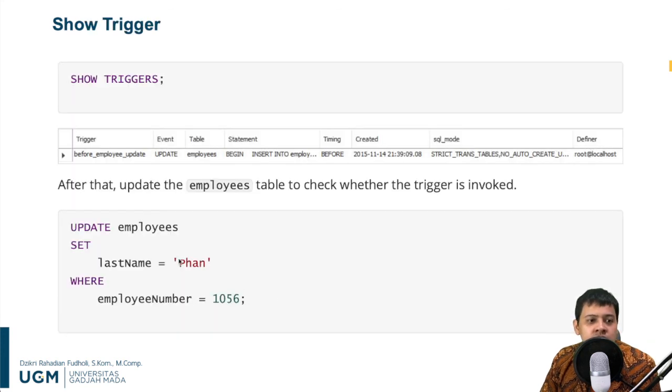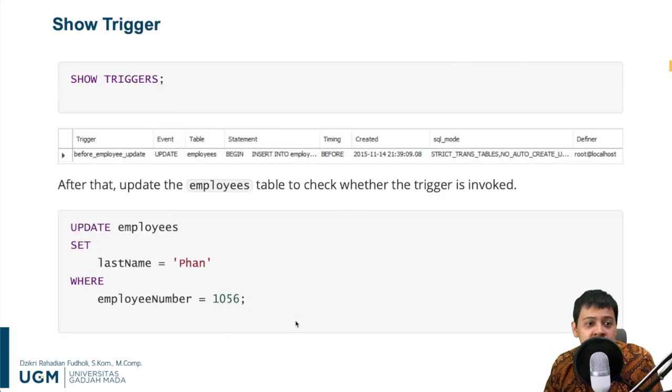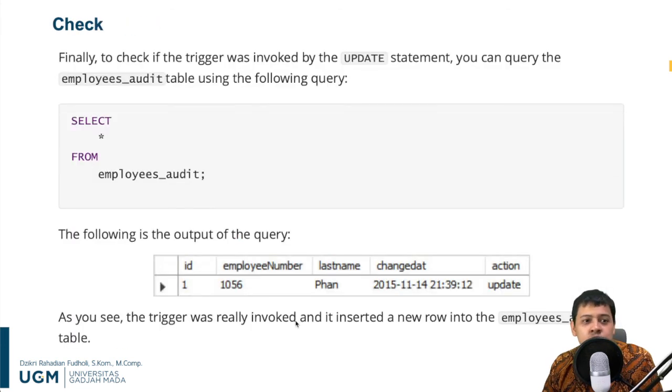So this is the SET last name. We changed the last name to fun. And here is the output of the query of the employees audit. So I think nothing has changed, but it should have changed.